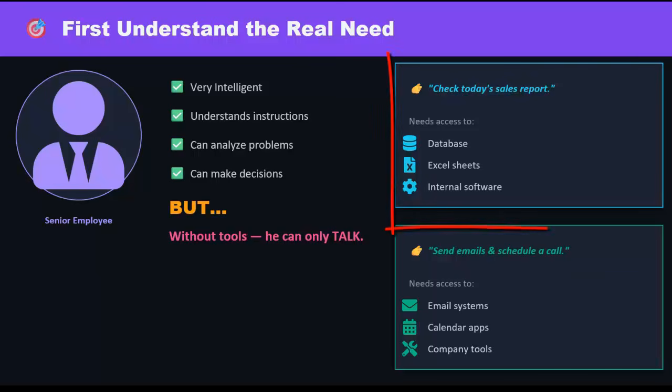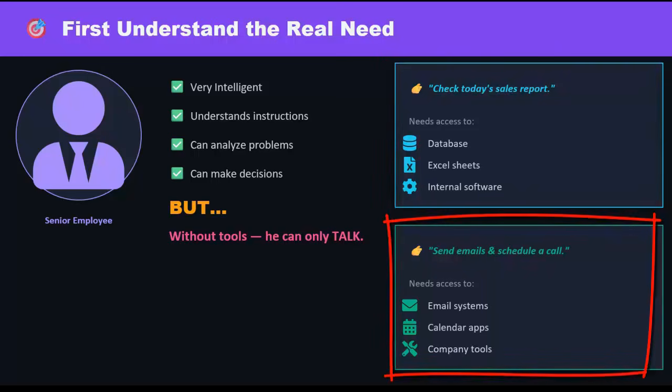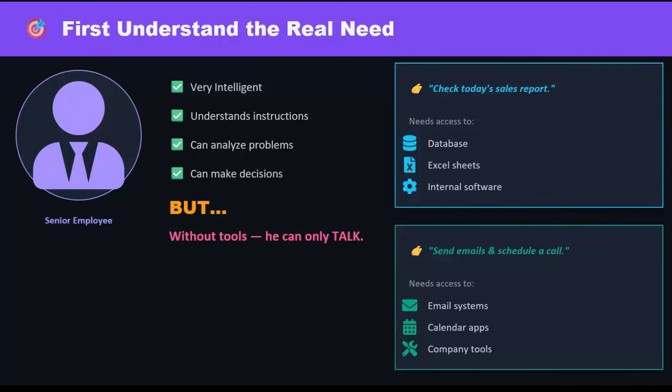For example, if you ask him, check today's sales report, he needs access to database, Excel sheets, and internal softwares. Or if you say, send meeting emails and schedule a call, he needs access to email systems, calendar applications, and company tools, right? So even though the employee is intelligent, without tools, he can mostly only talk. He cannot actually perform actions.